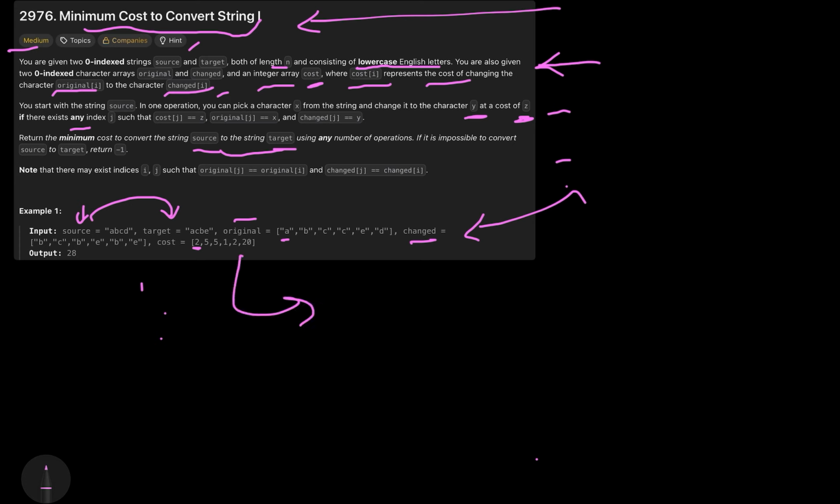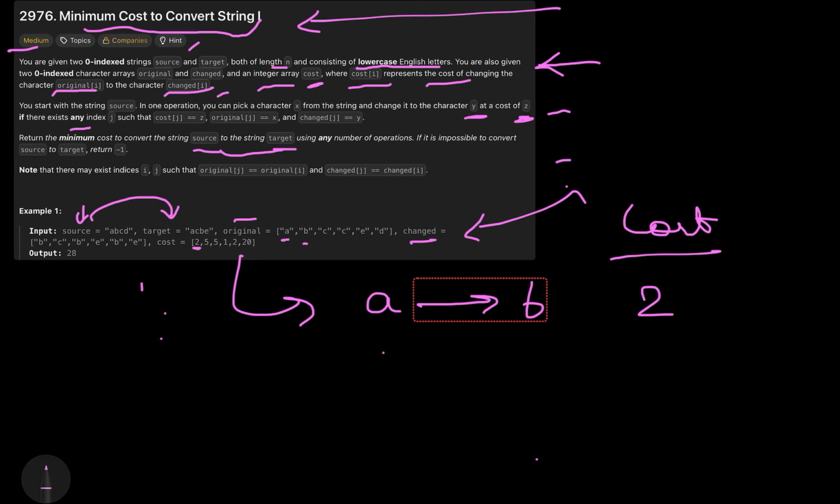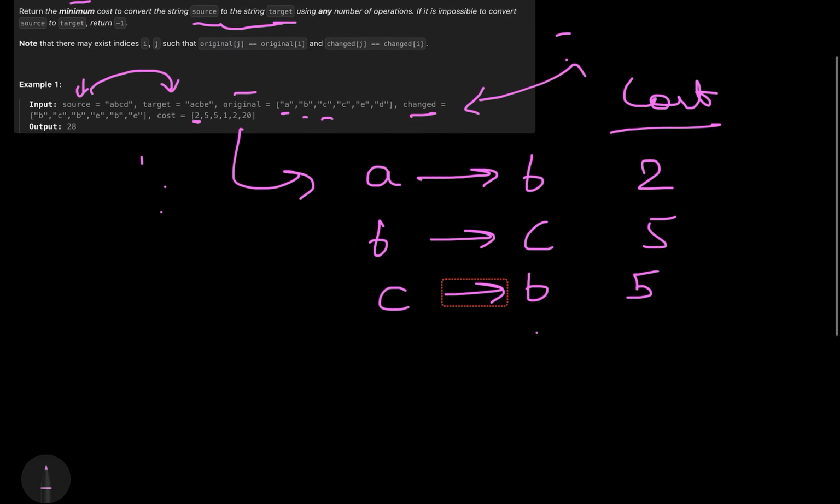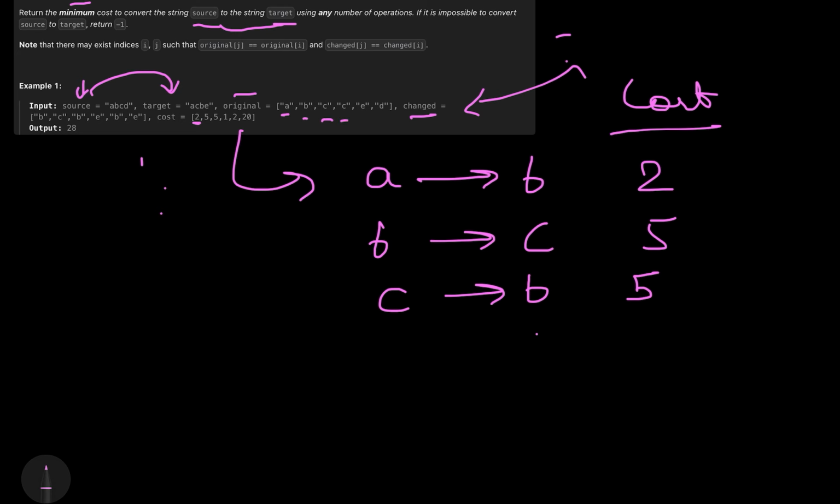Okay, so how can we see this? To change from A to B the cost is 2. Now to change B to C the cost is 5. To change C to B the cost is 5. Now to change C to E the cost is 1.